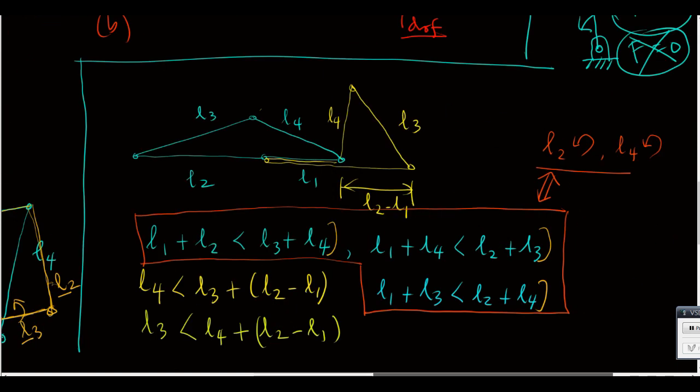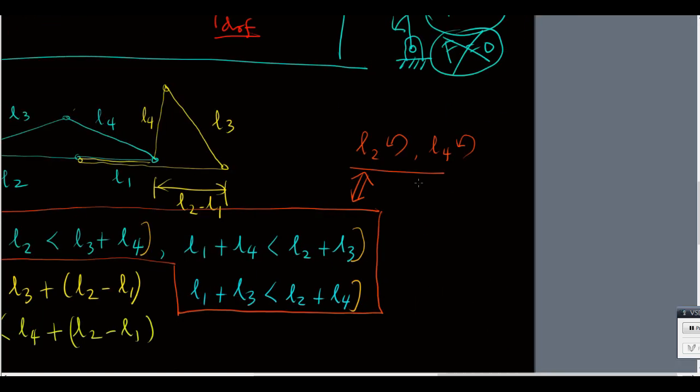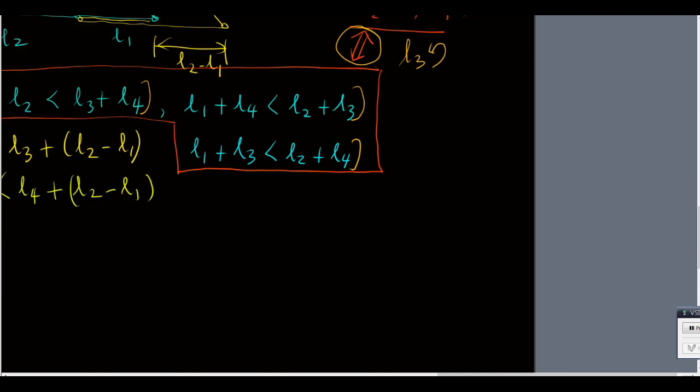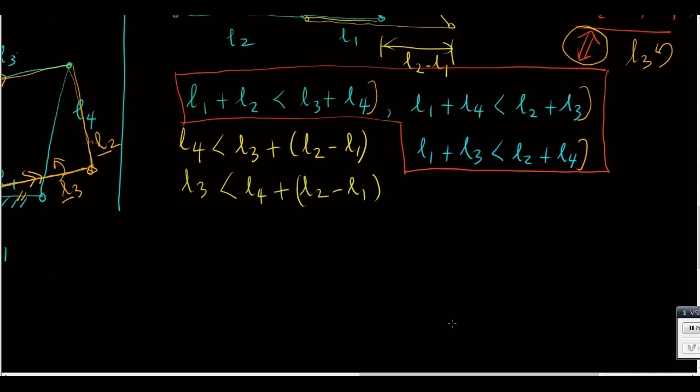And that means that L3 making a full revolution also is just governed by these three inequalities. Okay, so these three inequalities determine whether or not L2 or L3 or L4, any of them, is able to make a full revolution relative to L1.